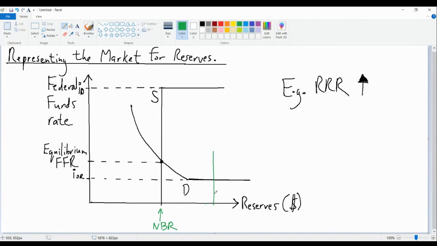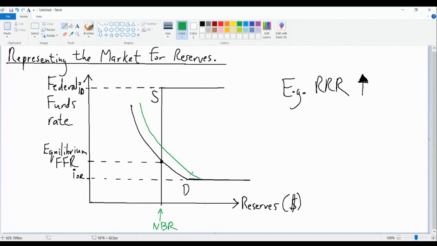As we were discussing, in a situation like this, the banks are hoarding reserves to earn interest on them, whereas in a situation like what's pictured here, the required reserve ratio really matters to how much reserves you want. So if the required reserve ratio goes up, what does that mean? It means that the banks need more reserves, right? Demand rises.